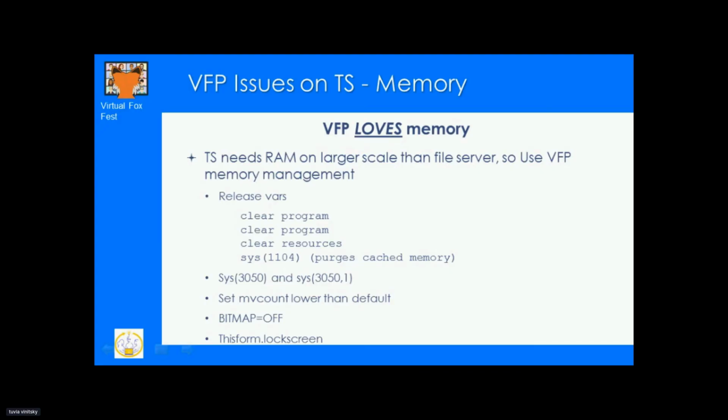Make sure that in your config.fpw, your MVCOUNT is at an appropriate value. MVCOUNT is the maximum number of memory variables VFP can establish at one time. I just usually set it at like 50,000. It doesn't really matter because memory on a PC is nothing. However, lowering that number to a reasonable number results in VFP setting aside less reserved memory, because if I say I'm going to use 50,000 memory variables, it sets aside RAM for 50,000 memory variables.